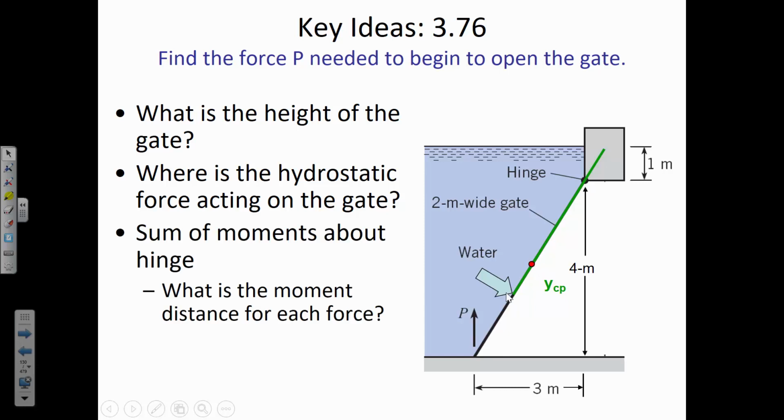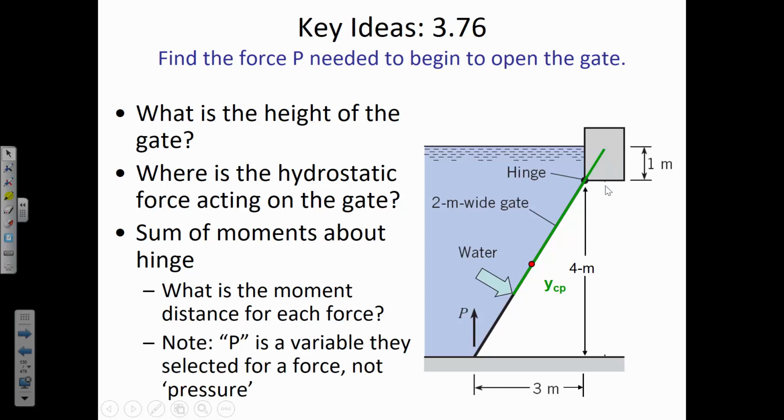And here you're going to have to do a sum of the moments about the hinge, where P is acting straight up, so the moment distance will be 3 meters. And then this water, the hydrostatic force, you're going to need to calculate the distance to the hinge. But the YCP that you would have calculated is the inclined distance all the way to the water surface.